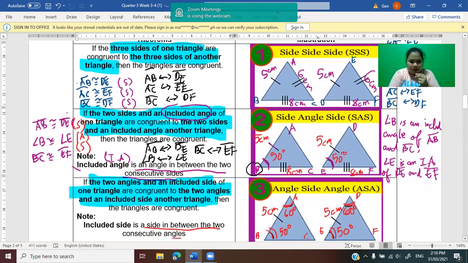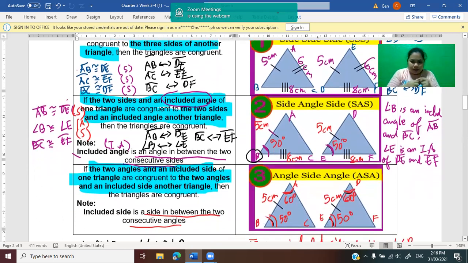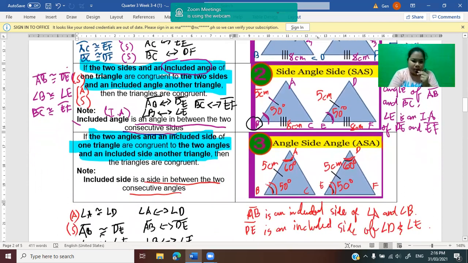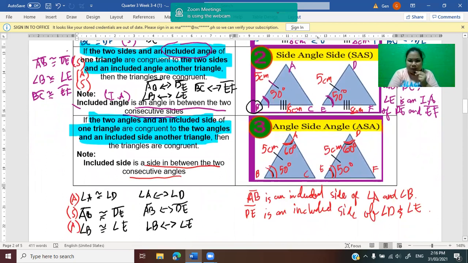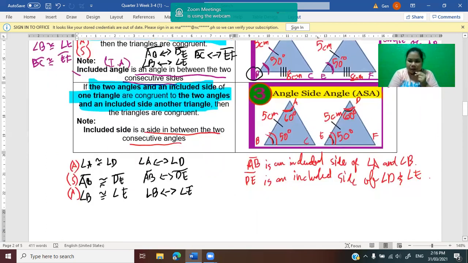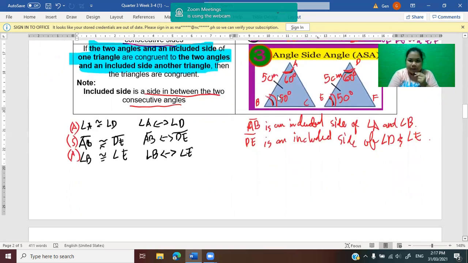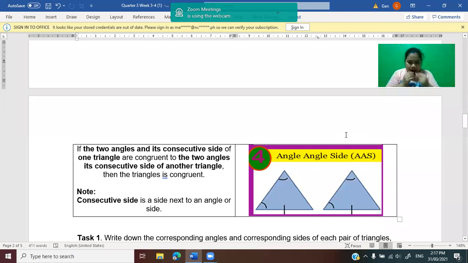Yan. So, we have angle A. Wait. Na-check na pala natin to. Itong pangatlo. So, let's have the last one. So we have the last one, angle angle side, or it could be also called as SAA, congruence theorem.